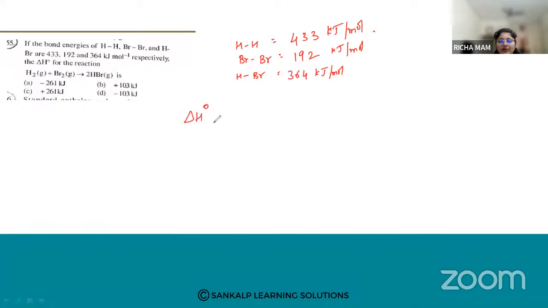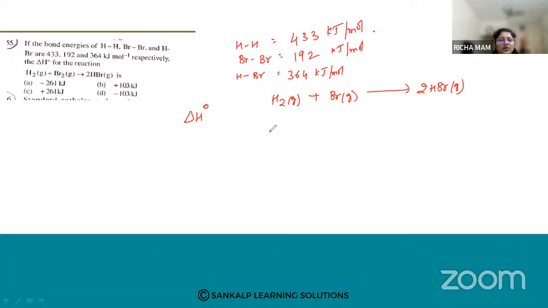You have to find the heat of formation, that is delta H for the reaction. The reaction is given as H2 gas plus Br2 gas combining to give 2HBr. So find out what is delta H.